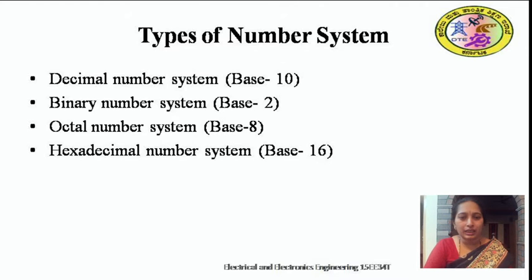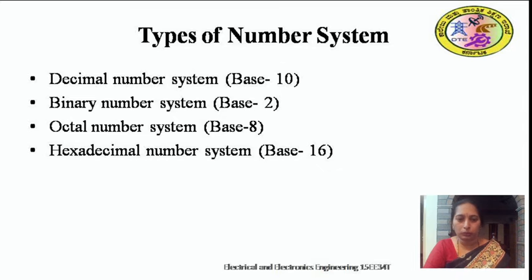The next is the hexadecimal number system, also called the base 16 number system. When we are using microcomputers and microprocessors, this is a very popular number system. Hexadecimal means 16. Here we are using 16 symbols. Starting from 0 up to 9, we have 10 symbols.